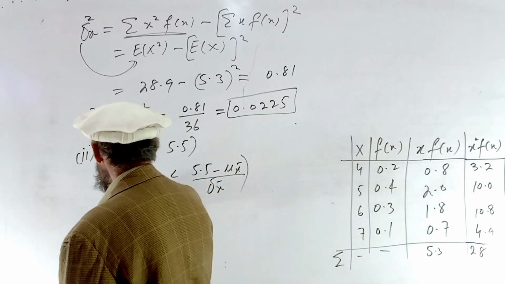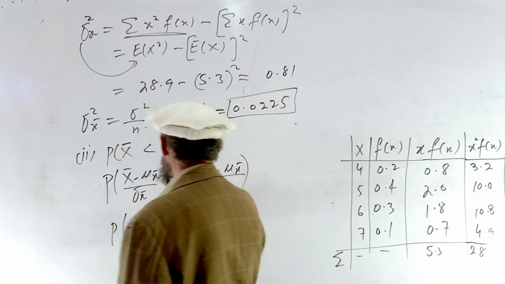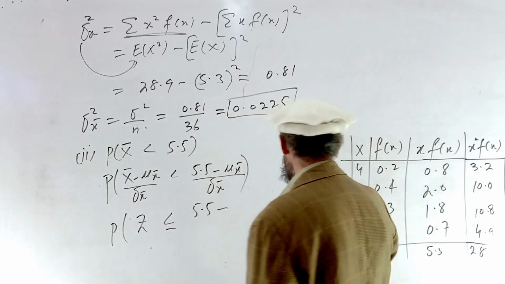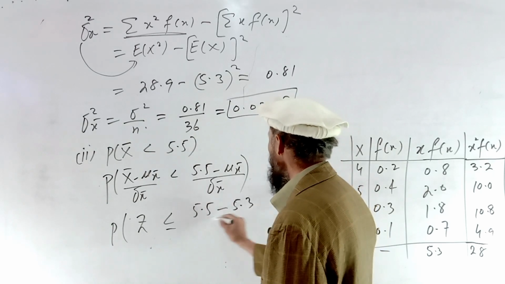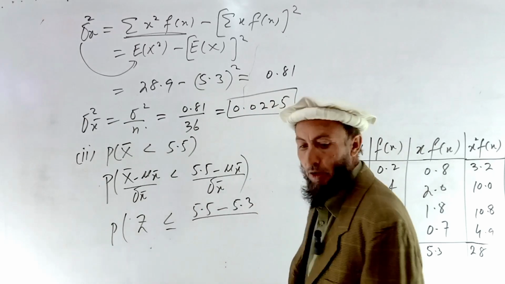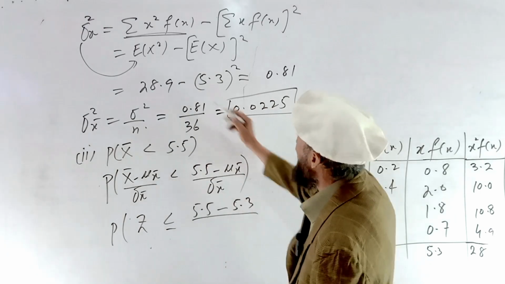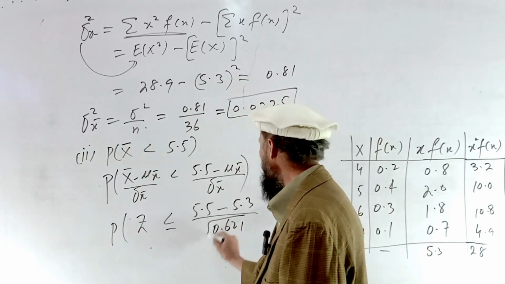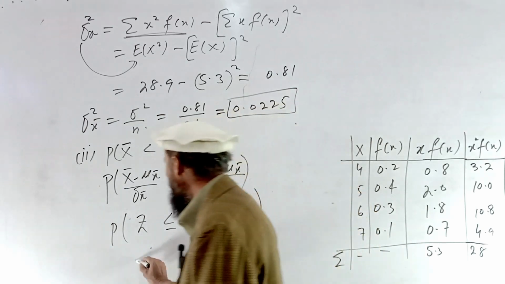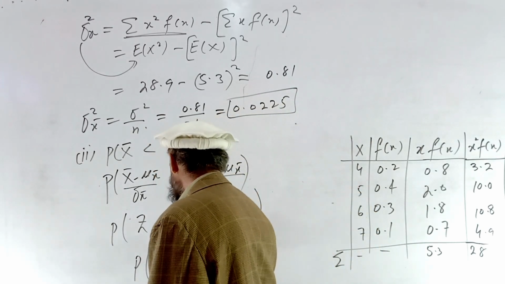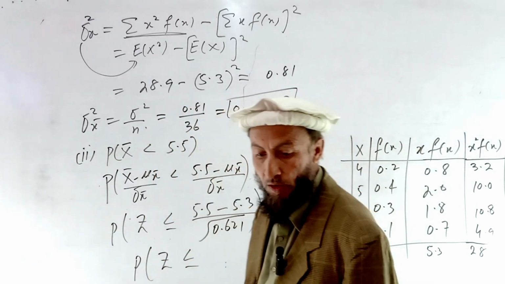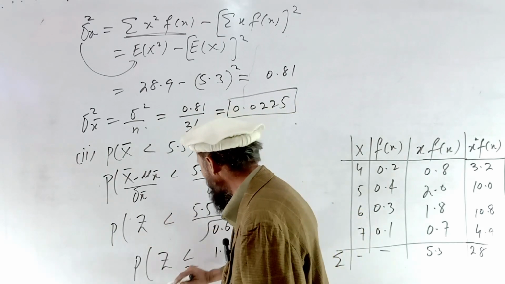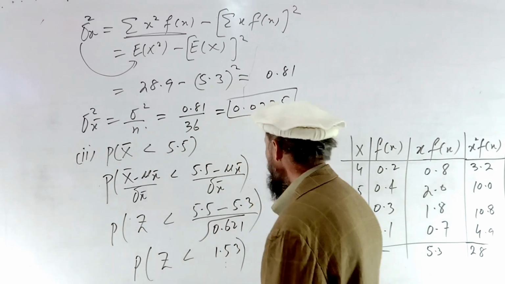So we get z less than 5.5 minus 5.3 divided by sigma x bar. We have already calculated sigma x bar, taking the square root. If we calculate this result, we get probability of z less than 1.53. Since it is strictly less than, the equality symbol is not used.